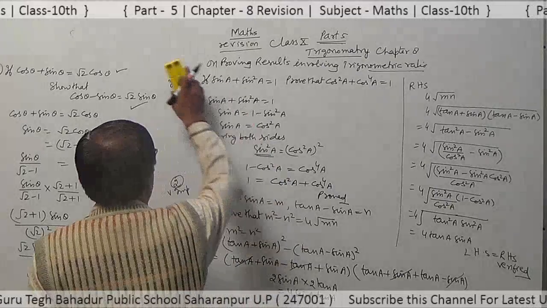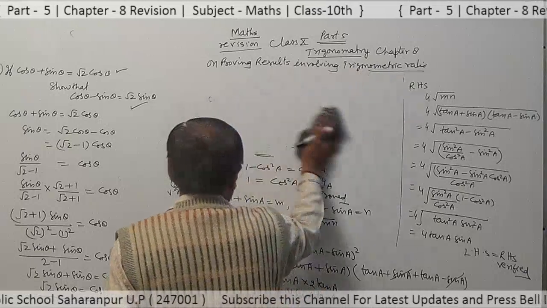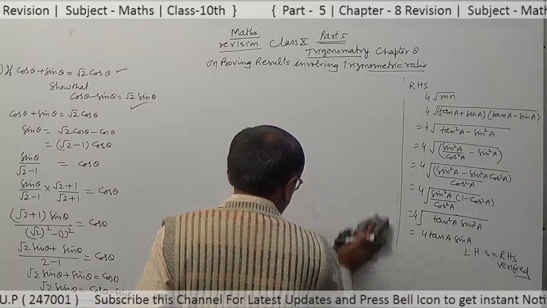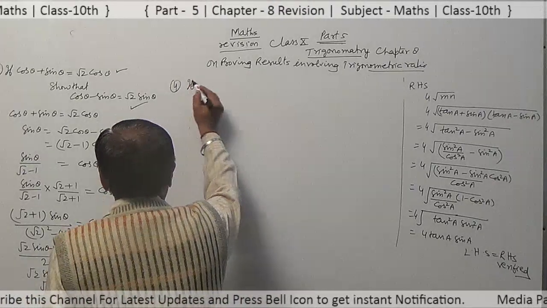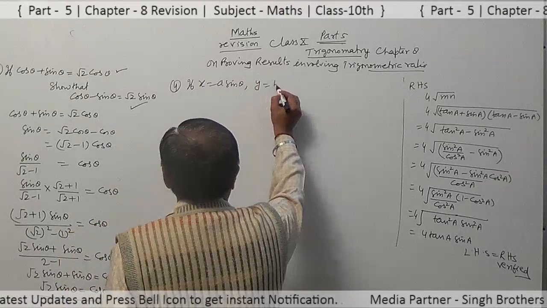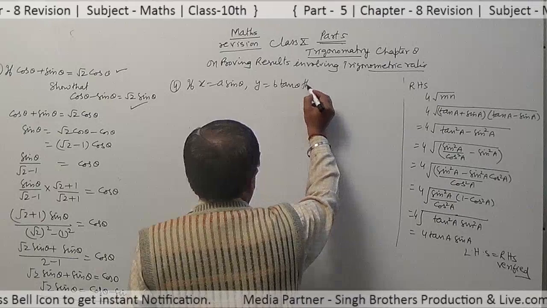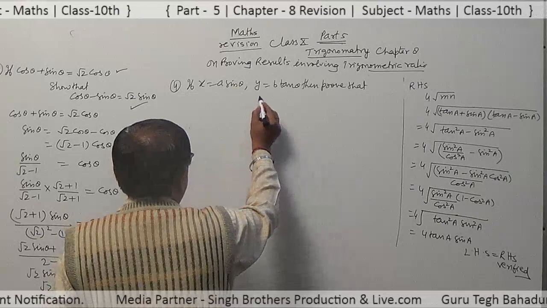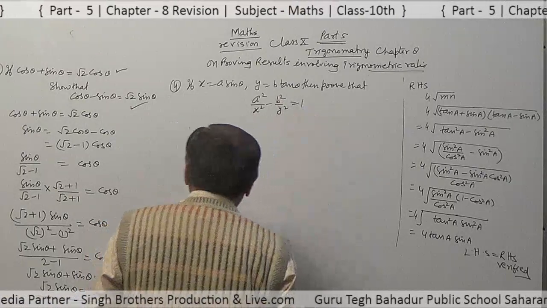See one more question. Fourth question: if x is equal to a sin theta, y is equal to b tan theta, then prove that a square upon x square minus b square upon y square is equal to 1.